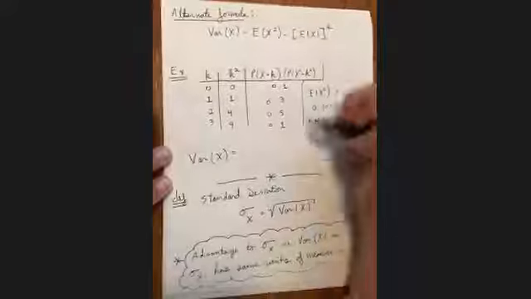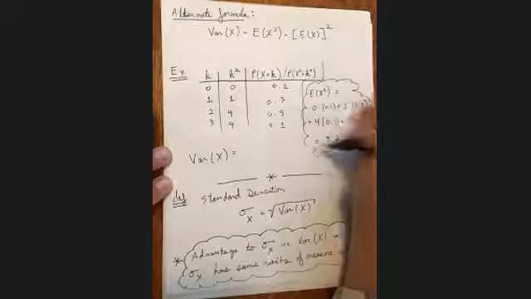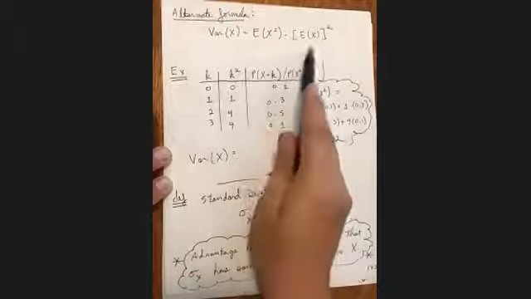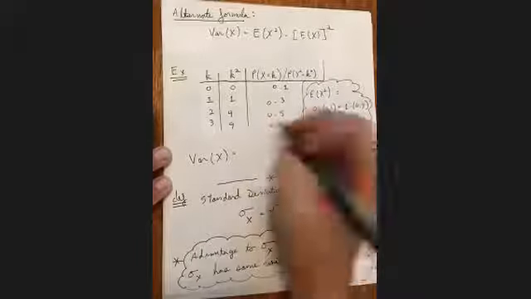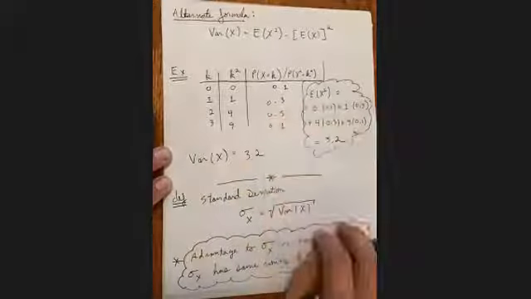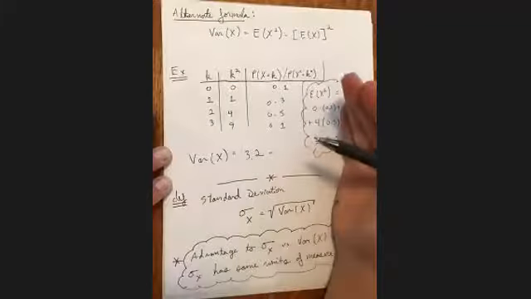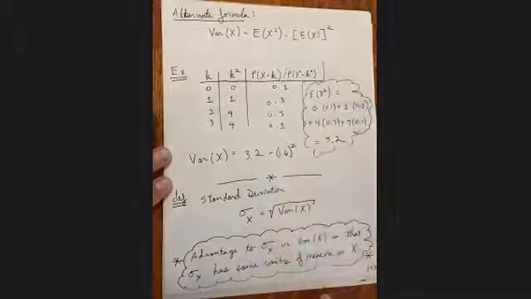So once you have this computation, we've already computed the expected value of x in the previous example. So in order to compute the variance, all we need to do is take the expected value of x squared, which was 3.2, minus the expected value of x, which is 1.6, squared, and we square that.